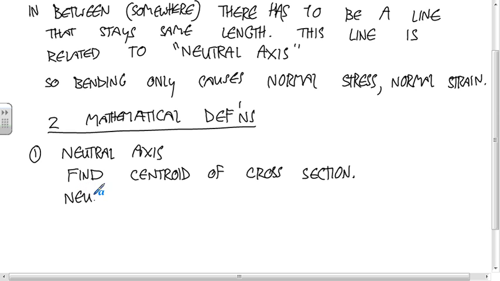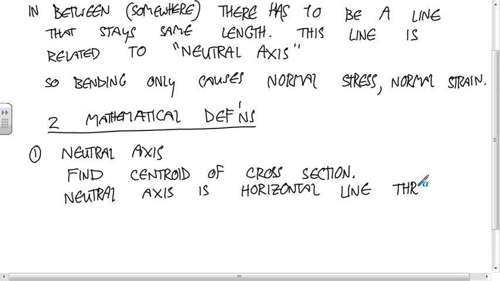The neutral axis is the horizontal line through the cross section that intersects the centroid.